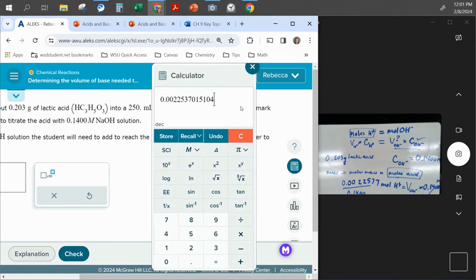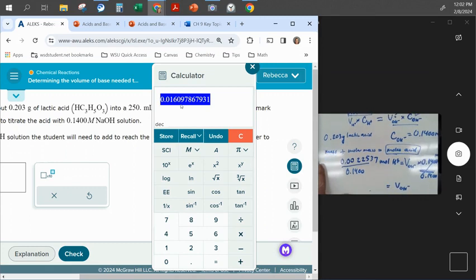So we take this number, divide by 0.14, and then this is my volume in liters. So the volume of hydroxide is 0.016097.